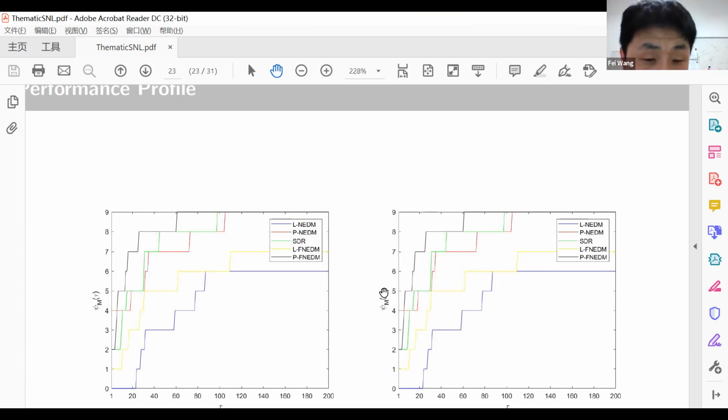It's better than the EDM. I expected that the nearest EDM would be better than SDR, but it turns out SDR is better than the nearest EDM approach.